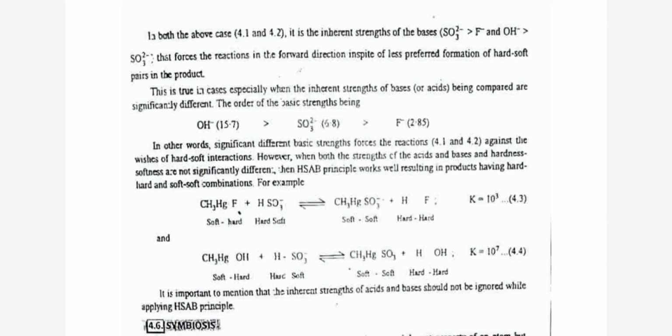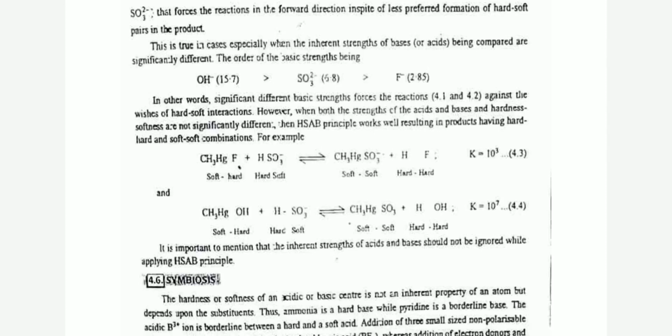The order of basic strength being OH⁻ 15.7 greater than SO3²⁻ 5.8 greater than F⁻ 2.85. In other words, significantly different basic strength forces reactions 4.1 and 4.2 against the wishes of hard-soft interactions.